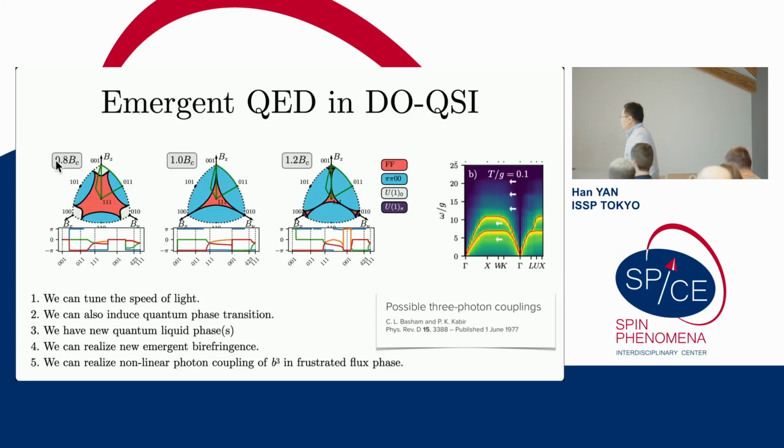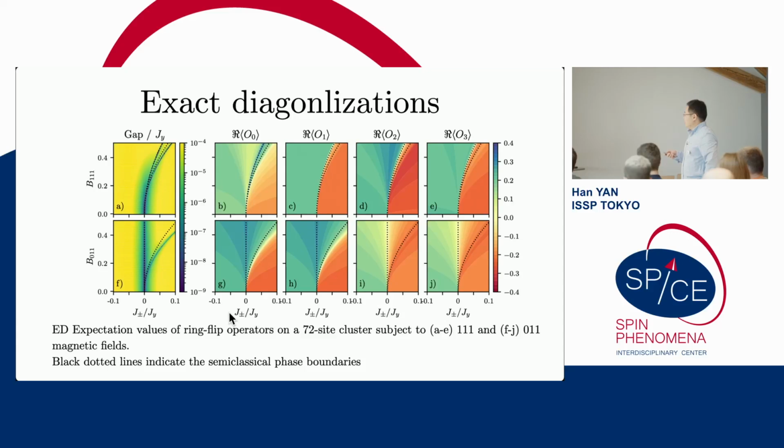Okay, so to look back, for this kind of material, you really just need to introduce a small external magnetic field in the right direction, and then you can have a rich variety of tunable QED dynamics, like changing the speed of light, new quantum phases, birefringence, and so on.